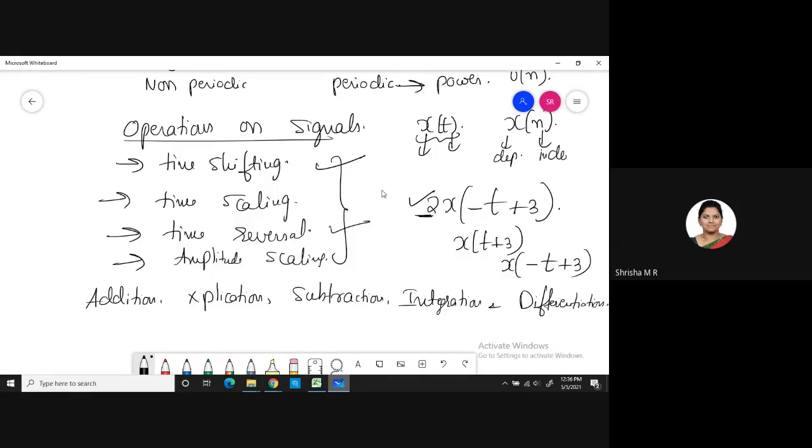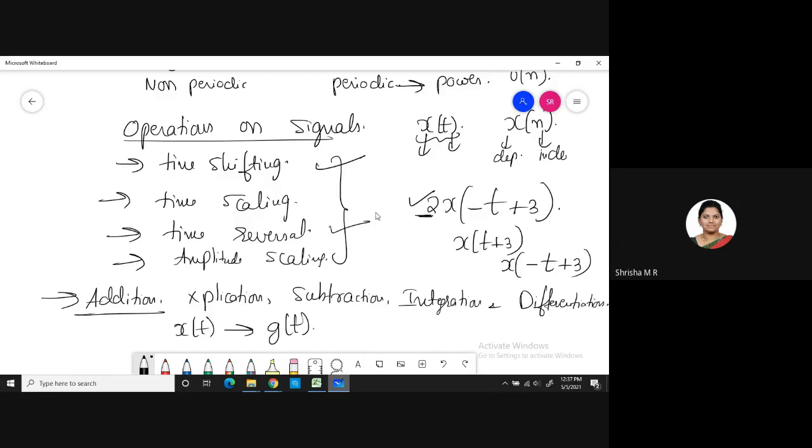If you have any doubts, go through the recordings, and you can approach me. Feel free to approach me; you can ask me any doubts. And we have seen all these things. We have also seen problems of expressing x of t in terms of g of t, such type of problems also. So this is your unit 1.